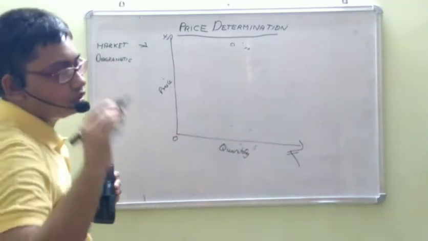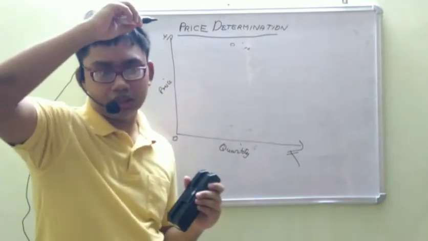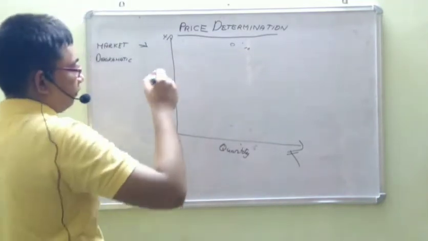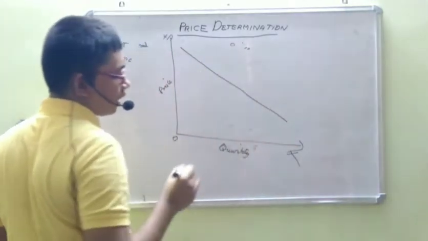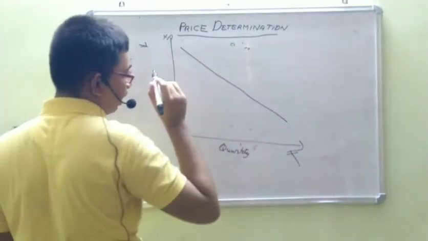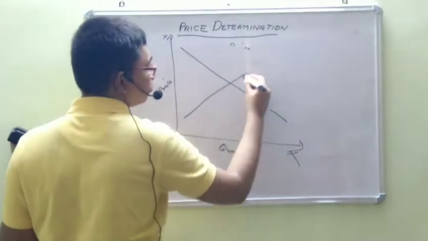We know the demand curve will be downward sloping. We are taking a linear demand curve. And the supply curve will be upward sloping.